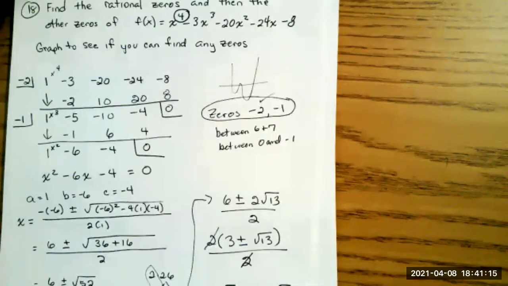Whatever your leading exponent is, your degree of your polynomial, that is how many zeros you're going to have. Any other questions?